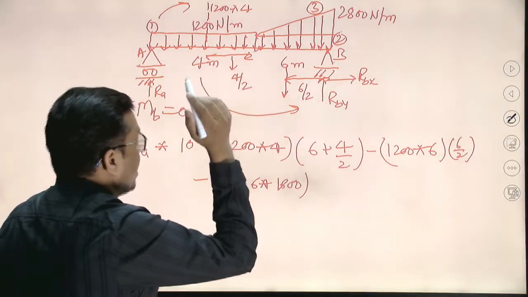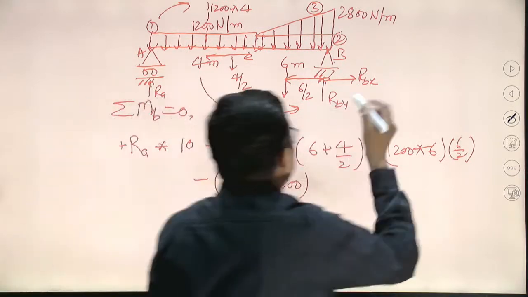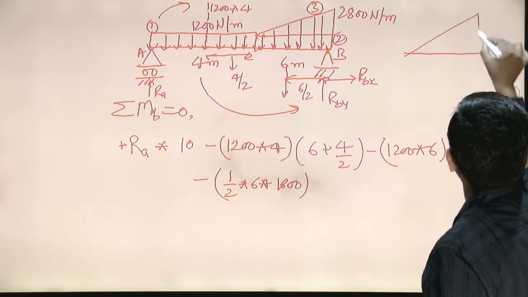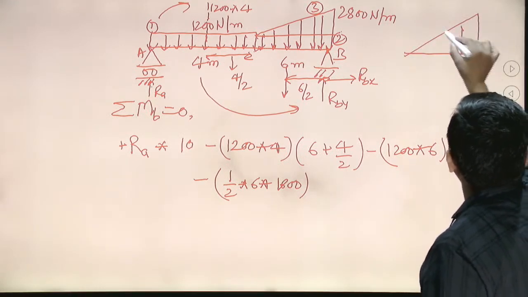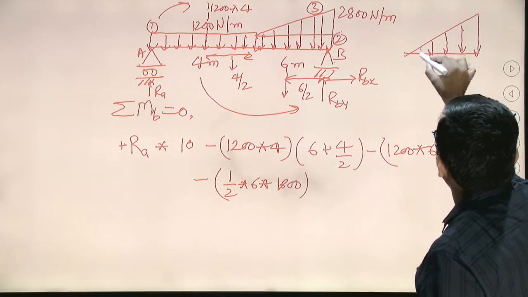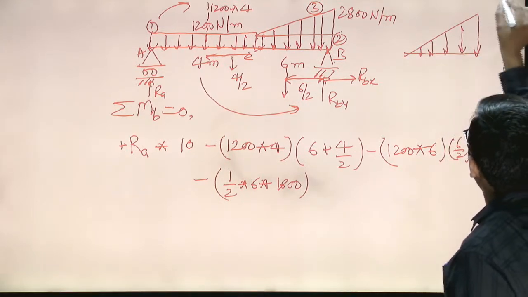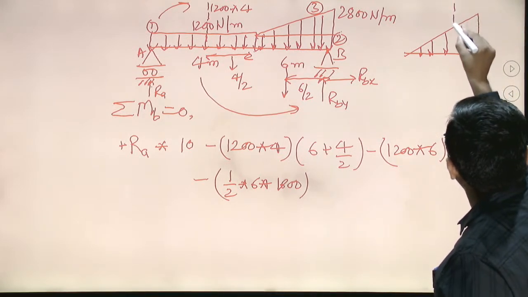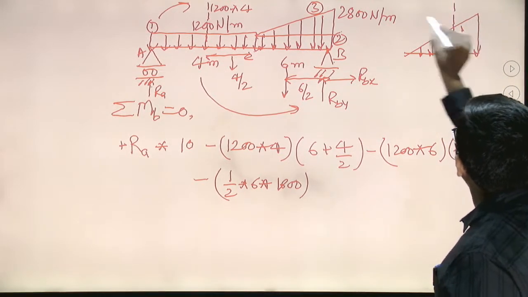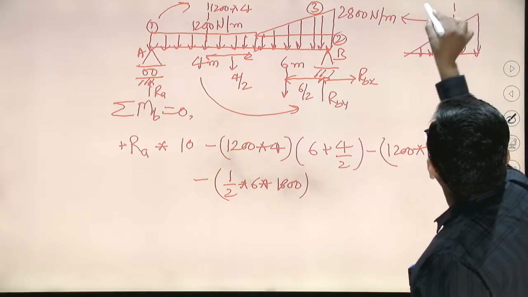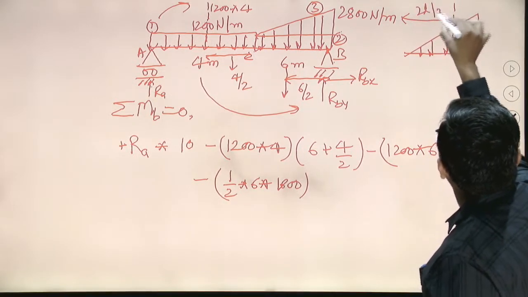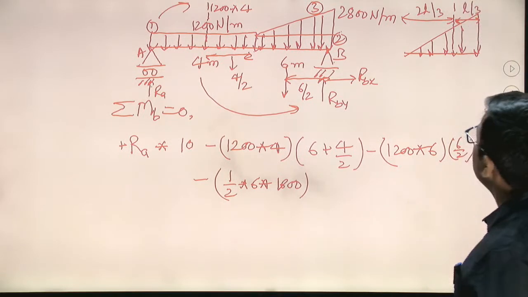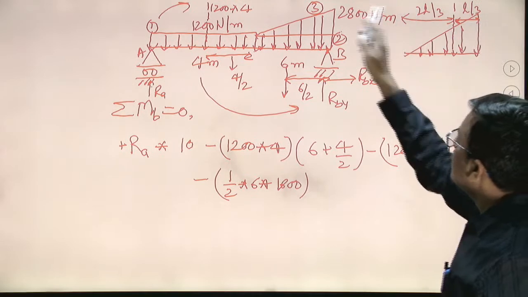So half into 6 into 1600. Now what will be its distance from point B? Let me clarify. Those who know, very good. For those doing this type of question for the first time, if I convert the UVL into a single point load, it acts at 2L by 3 from one end and L by 3 from the other. Where am I taking the moment? At this position.